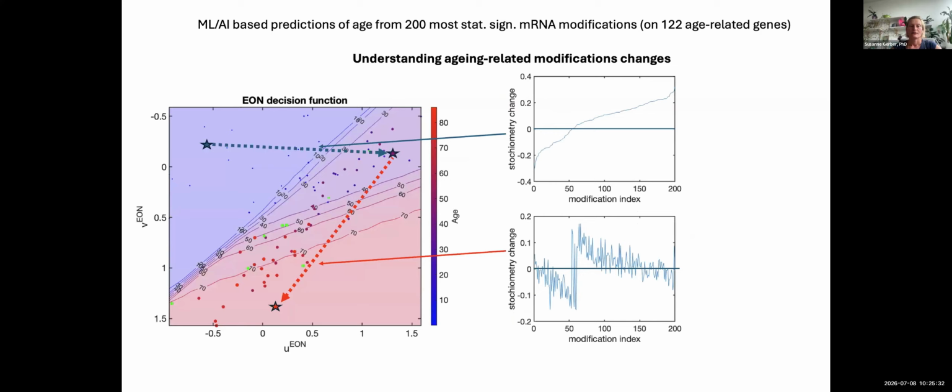And this is, I think, almost the last slide I do have. So if you now use this machine learning model, this surface plot here can illustrate that the decision surface learned by a machine learning model can really show that there's a drift in the epitranscriptomic landscape.